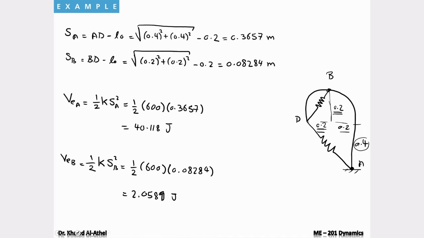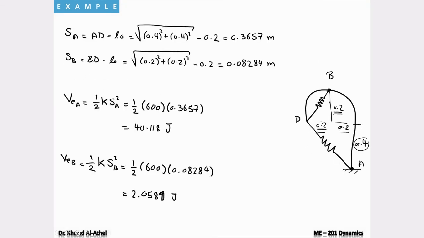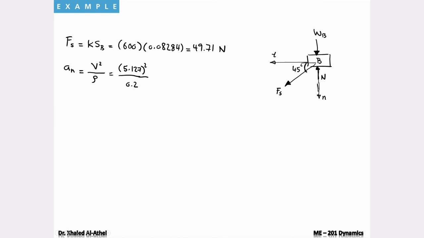The distance between the point and the center of the curve, from B to this point, is 0.2. So the radius of curvature in this case is 0.2. This will give me a value of 131.43 meters per second squared.